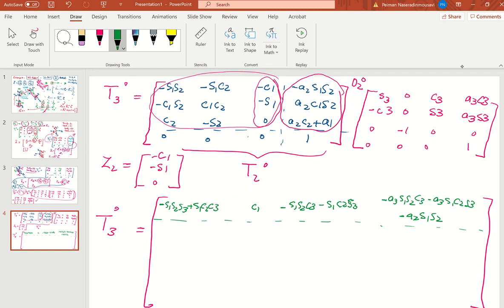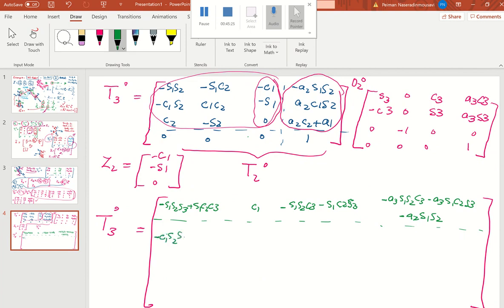Let me double check with my notes. Minus S1 S2 sine 3, minus S1 sine 3, minus A3 S1 S2 cosine 3, sine 1 cosine 2, minus A2 S1 S2. That's right. Now the second line is going to be, let me see. Oh, we're exceeding the time. Let me copy from here because I trust myself.